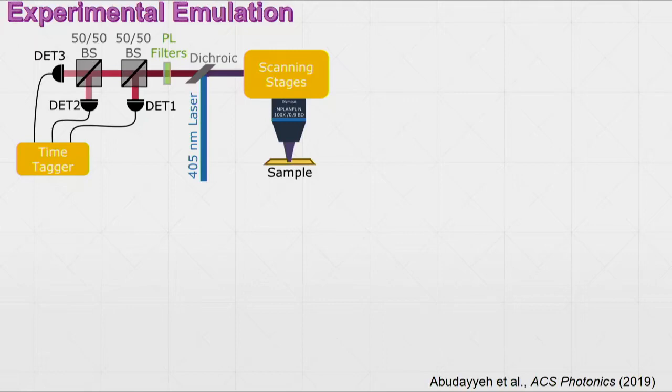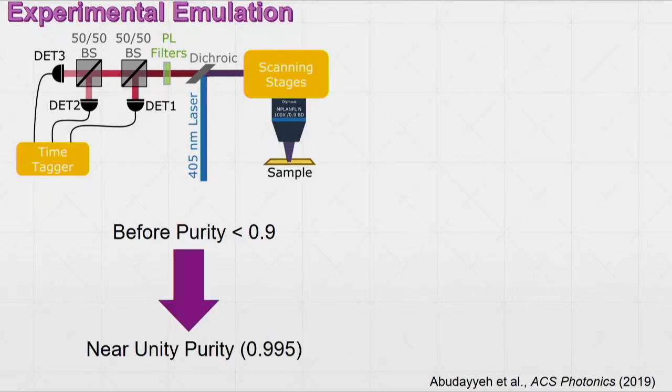Instead of doing that, we put a 50-50 beam splitter, and afterwards we put a regular Hanbury Brown and Twiss experiment, and on the time-tagged events, we emulated the response of a switch. How would a switch act? We started out with a quantum dot that had a purity of less than 90%. Using these methods, emulating the switch, we got purities of 99.5%. So it really increased the purity of the source.